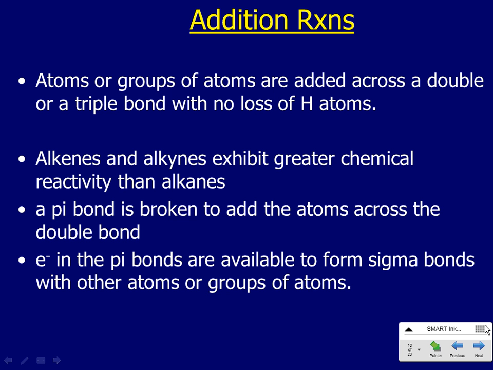Remember, they're sp2. Alkynes are linear. And so there's these areas of vulnerability where things can run into that pi bond and break it. So that's the functional group, where reaction tends to take place. That's why we call it the functional group. So as soon as you add these double and triple bonds, you're now creating areas of reactivity.